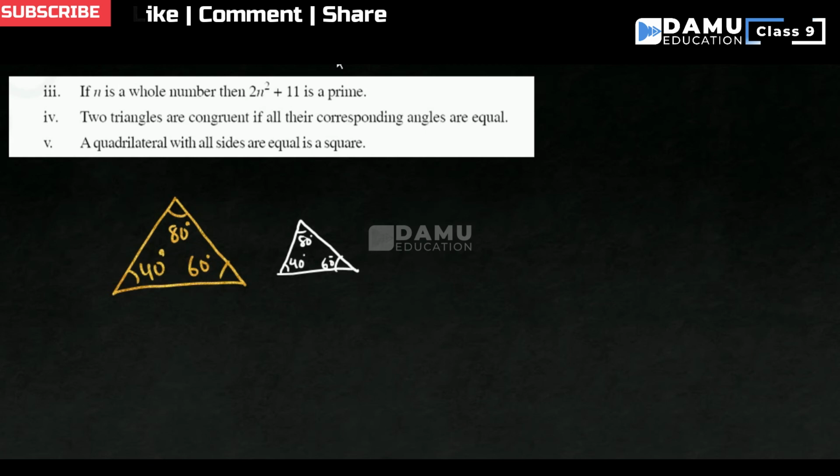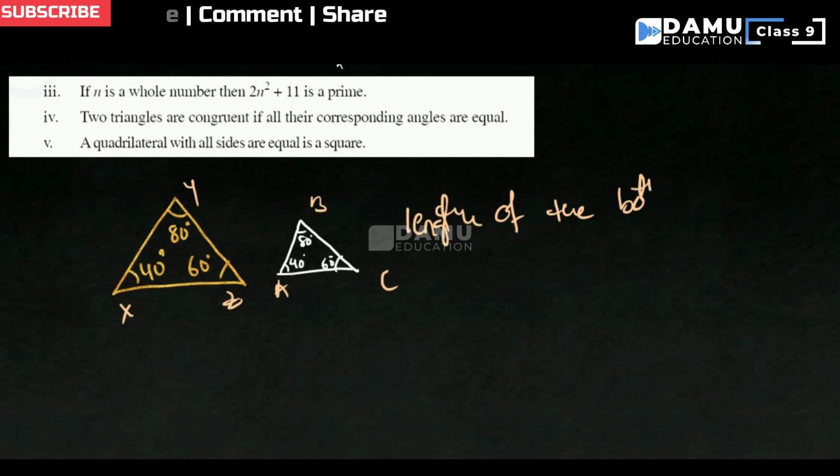But let's take the lengths of the sides. Let's take x, y, z for one and a, b, c for the other. The lengths of the sides of both triangles are different. So it is not true that two triangles are congruent if all their corresponding angles are equal.